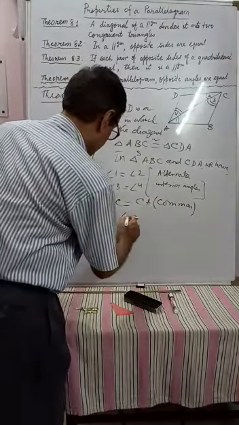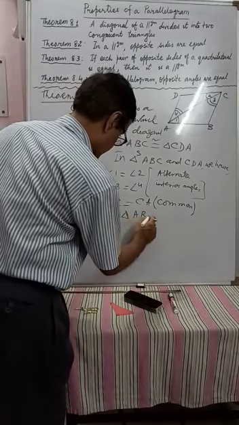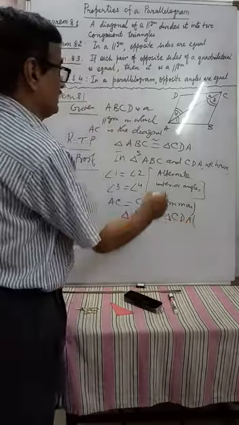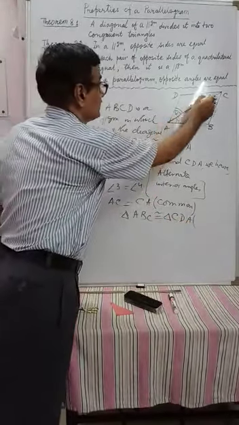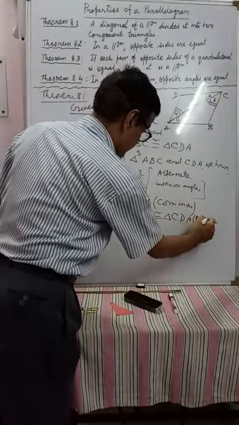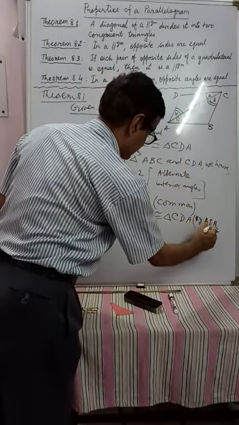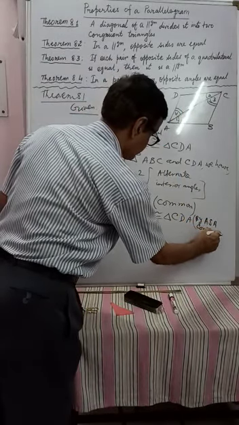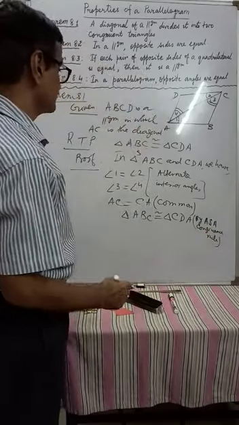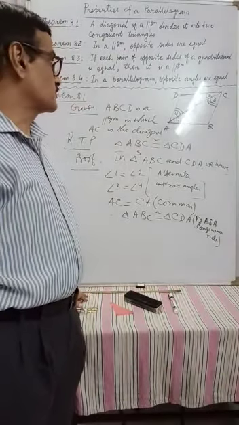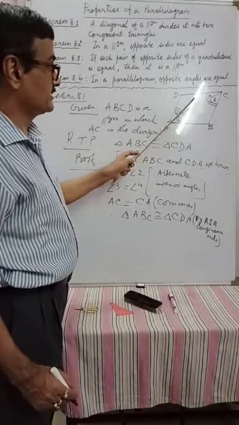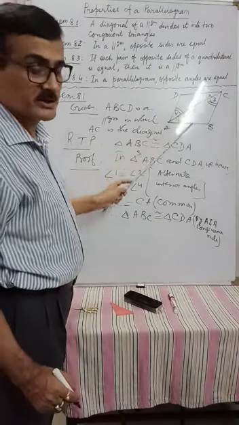Therefore these two triangles, triangle ABC is congruent to triangle CDA by the angle side angle congruence rule. So it is proved that a diagonal of a parallelogram divides it into two congruent triangles.